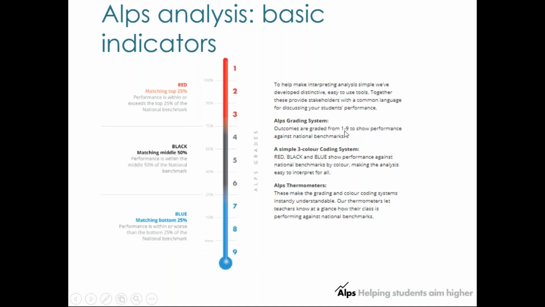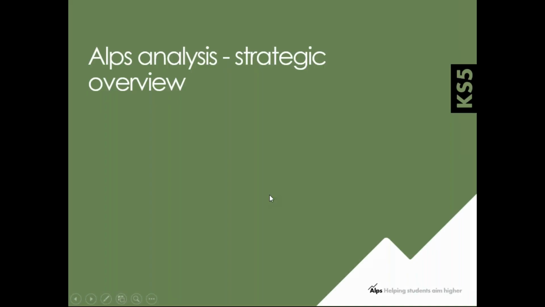So again, you'll be scored 1 to 9, 1 being the best and 9 being the lowest. You'll be colored red, black, and blue: red is 1 to 3, black is 4, 5, 6, and blue is 7, 8, 9. The thermometers we think are easily understandable, and so they provide a very quick understanding of how well you've done before you start to dive into the data a little bit more deeply.